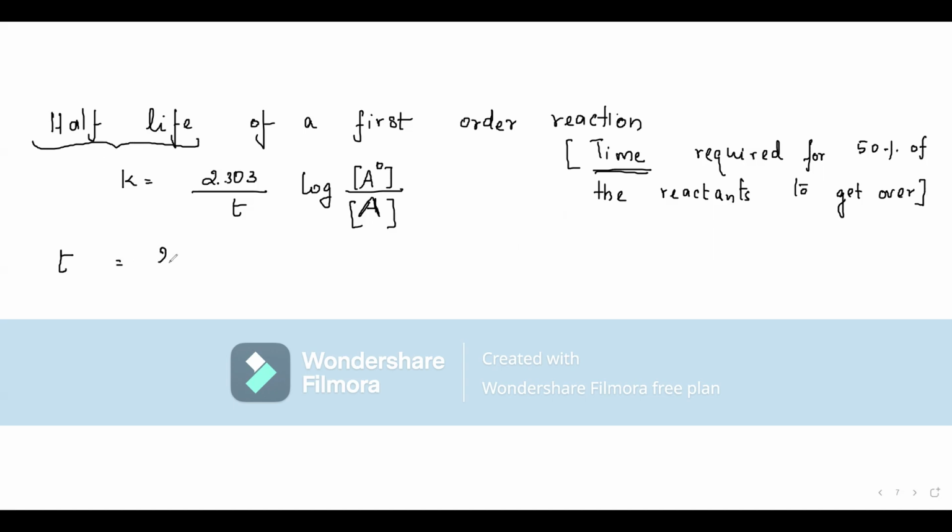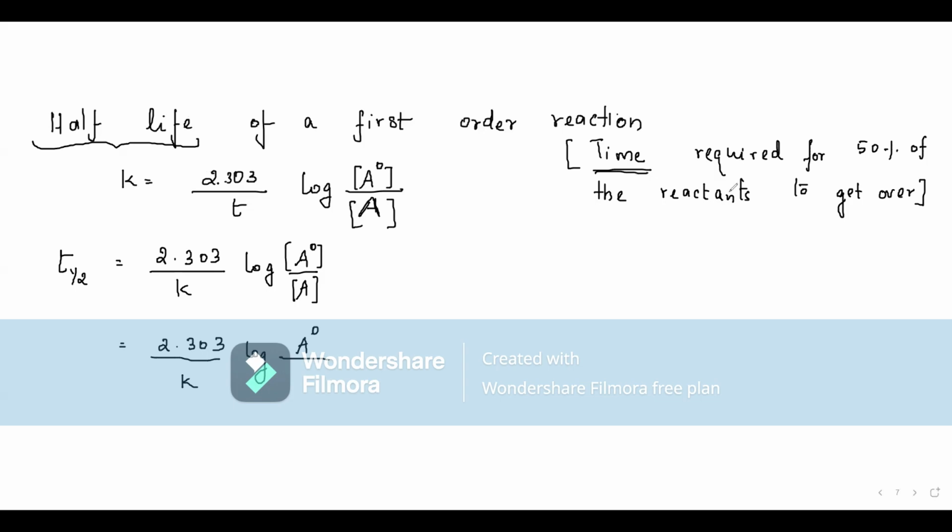So T is 2.303 by K log A naught by A. Now, just because we are discussing half-life, I am writing this T as T half, so we will get a clear idea that we are discussing half-life, which is equal to 2.303 by K log A naught by A.